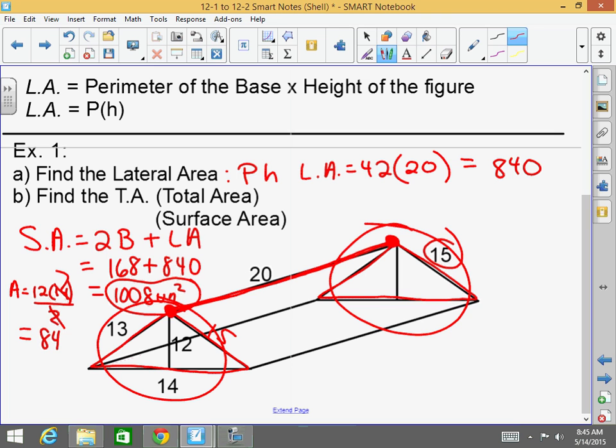Not being sarcastic, but that's why we have 2b here. So 2 times 84 is 168. So it's 2 times the base area plus my lateral area. And in this case, it would be 1,008. Does that make sense, guys? Talk to me. You got it? Okay.